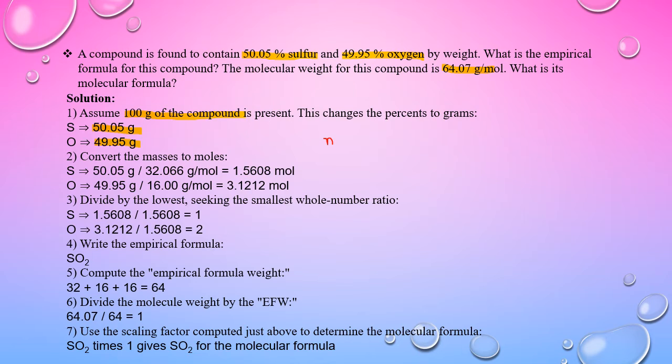We have the number of moles formula: small n is equal to small m, which is the given mass, upon molar mass. This we remember, and by applying this formula we are going to calculate the number of moles. So here we go.